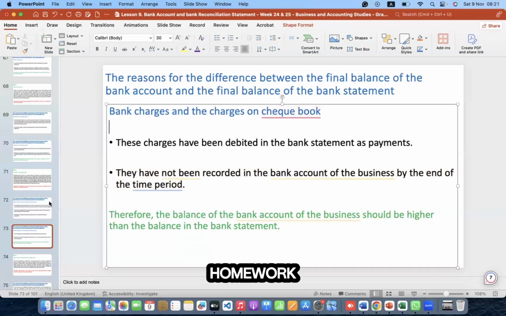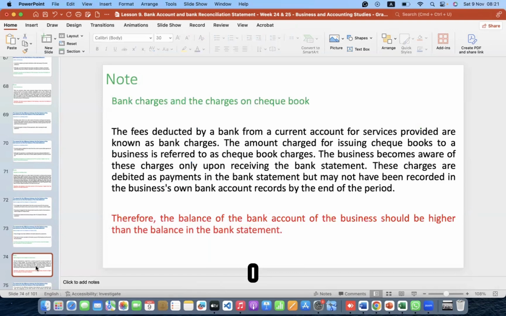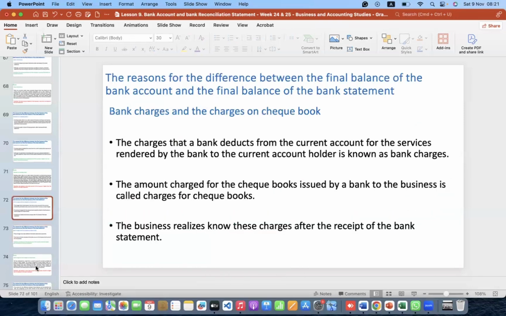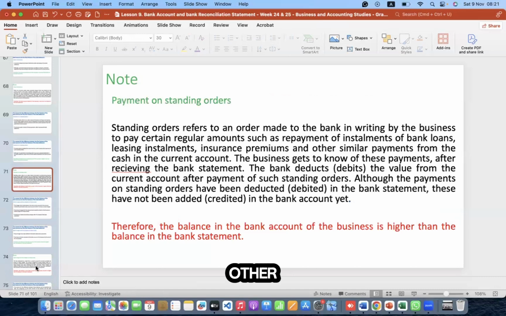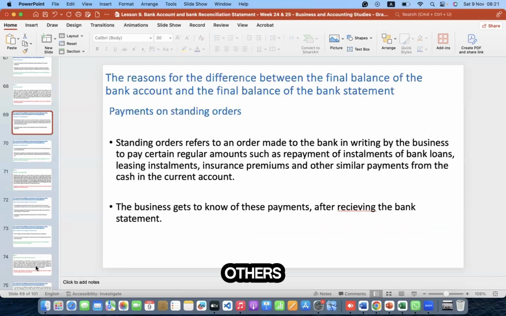So there are 2 homework. This homework I want you to do and send me. You have to write the note for the bank charges and charges on checkbook, this slide. And this other slide, payment on standing orders. All others we have written.